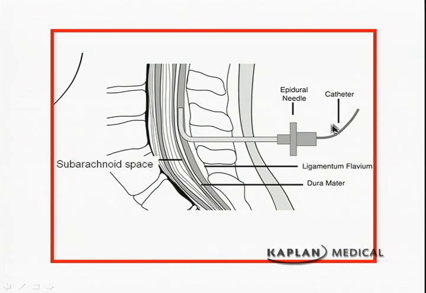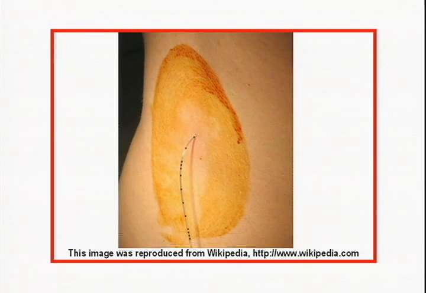We can pass a catheter through, pull out the needle, this is a Tuohy needle they call it, a 14-gauge needle, and we can leave the catheter in, we can give continuous infusion. And here we have the catheter, and we're infusing in the anesthetic. And you can continue on even if you have to do a cesarean, and you get adequate relief for that as well.